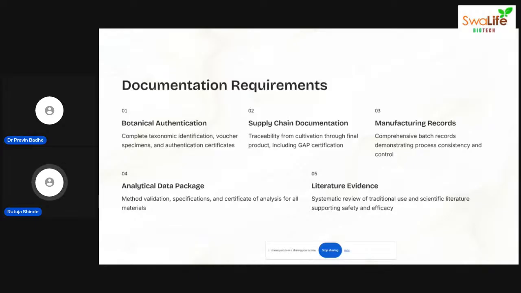You will also need a complete analytical data package along with the literature evidence supporting safety and efficacy. Together, these documents build the foundation of trust in your product.